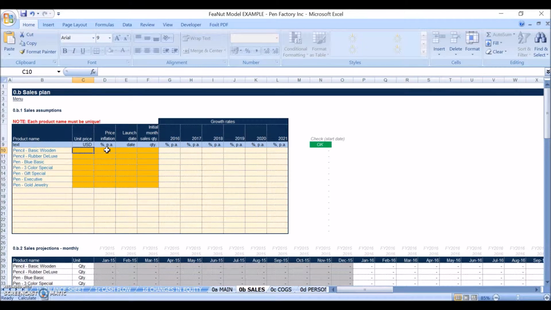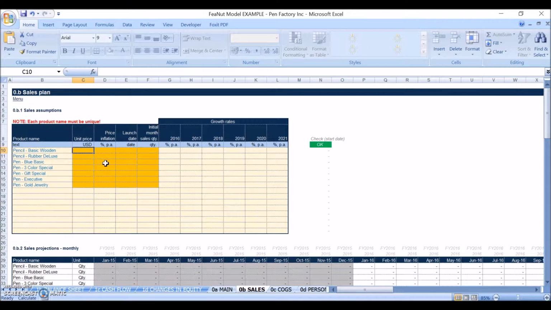So for example, if you have a new product for which you can charge a premium price at the beginning of its sales, but later as that product will reach maturity in its life cycle, the prices will go down because of the competition, then you would like to populate in here some negative price inflation, some negative price trend, because in the future the unit price of that product will go down.